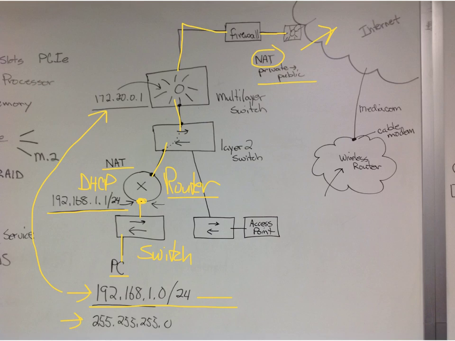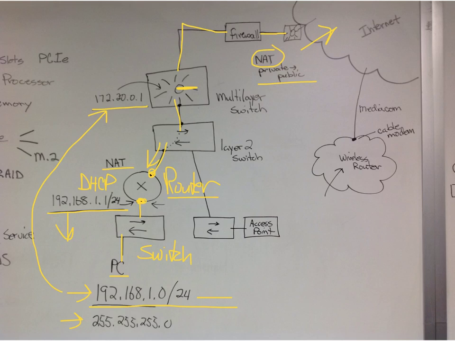So we took the addresses from here and NATed them to this network so we could pass the traffic through that network. The router did DHCP down to the workstations, and it also received its address using DHCP. Actually got it from up here, from this device.